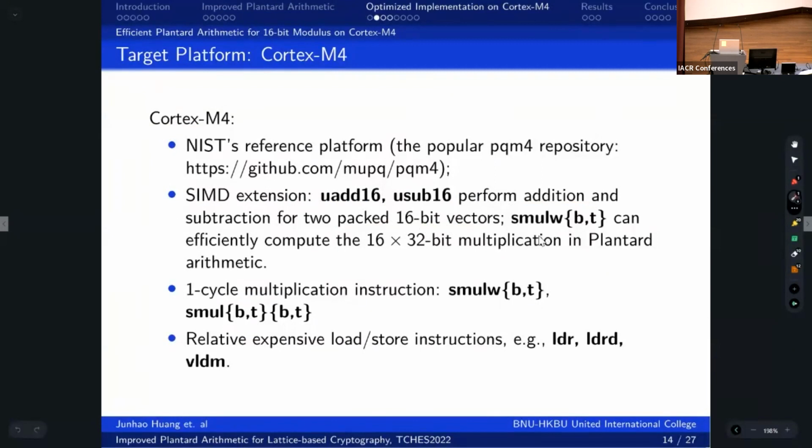And the most important instruction we use in this paper is the SMULWB or SMULWT instruction, which can efficiently compute the 16 times 32-bit multiplication in Plantard arithmetic. And multiplication instructions are normally 1 cycle, while the load or store instructions are relatively expensive. So we need to reduce the use of load and store instructions as much as possible.